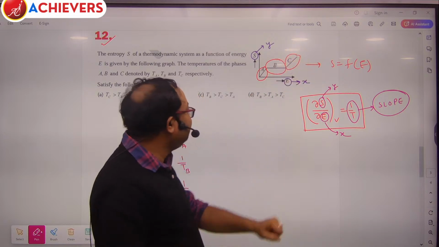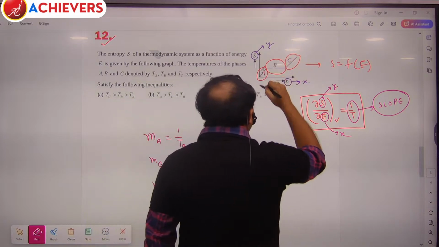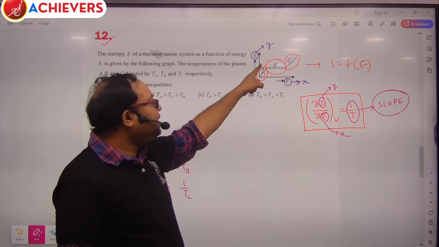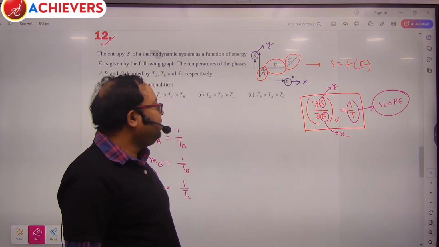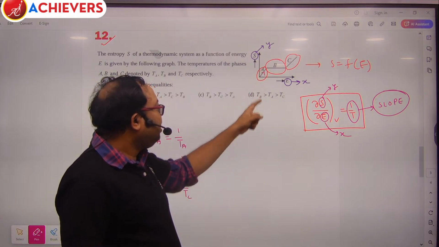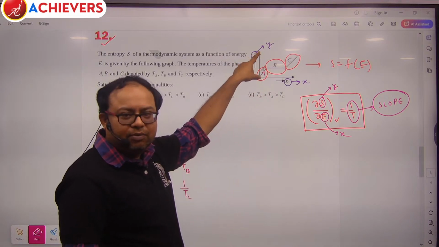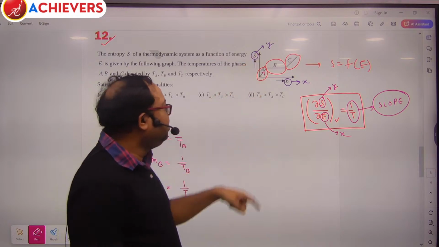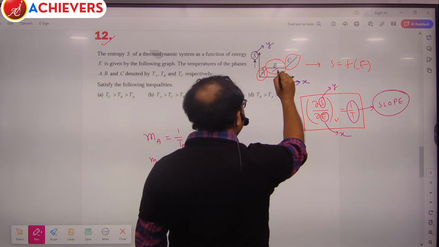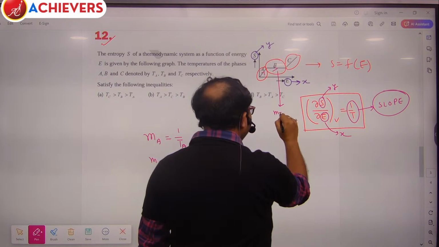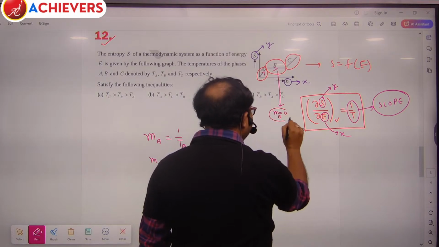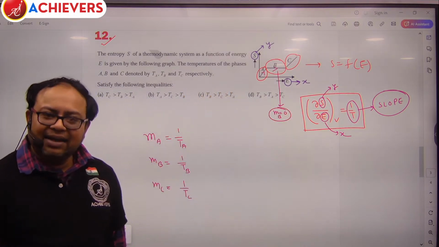You see, in this case, the slope is increasing. So what happens? This is positive. Here, the slope is 0 because it is parallel to the x-axis.